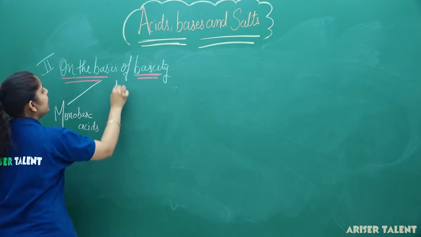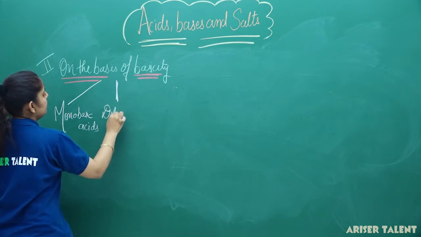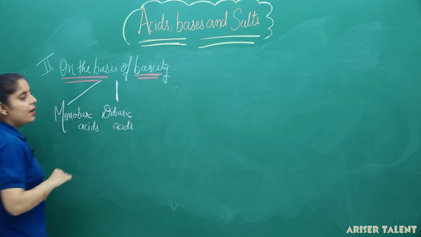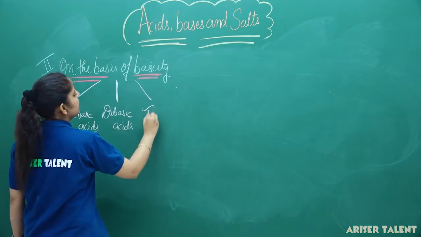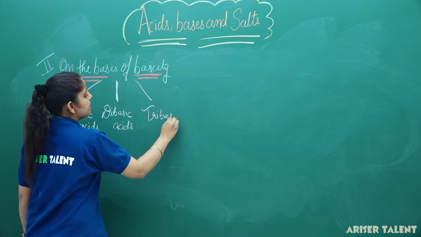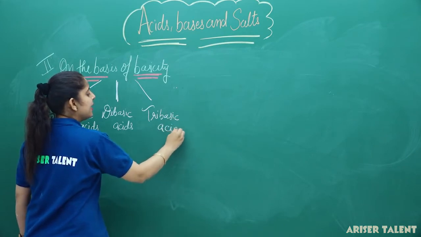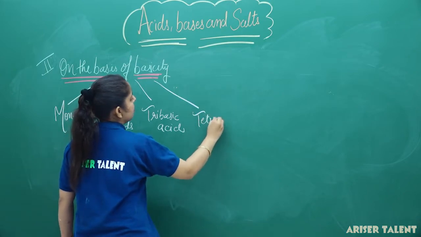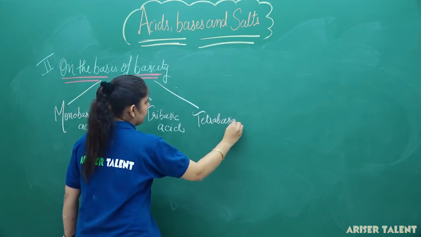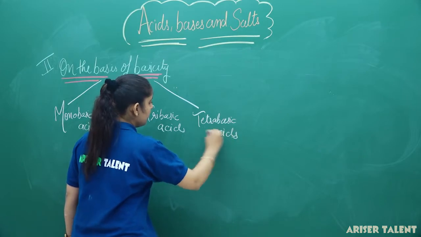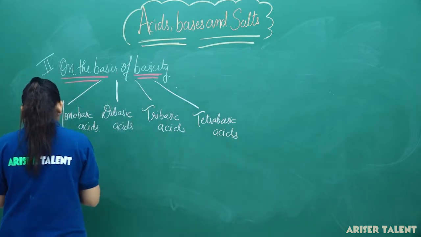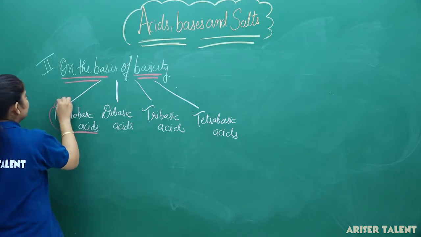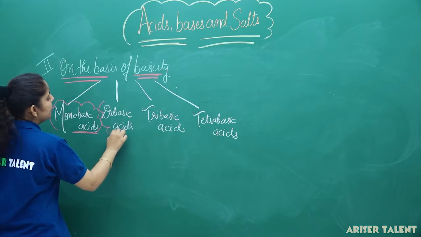The second category is dibasic acids, and the third category is tribasic acids, and the last category is tetrabasic acids. Clear? So these are the 4 categories you have regarding acids on the basis of basicity.